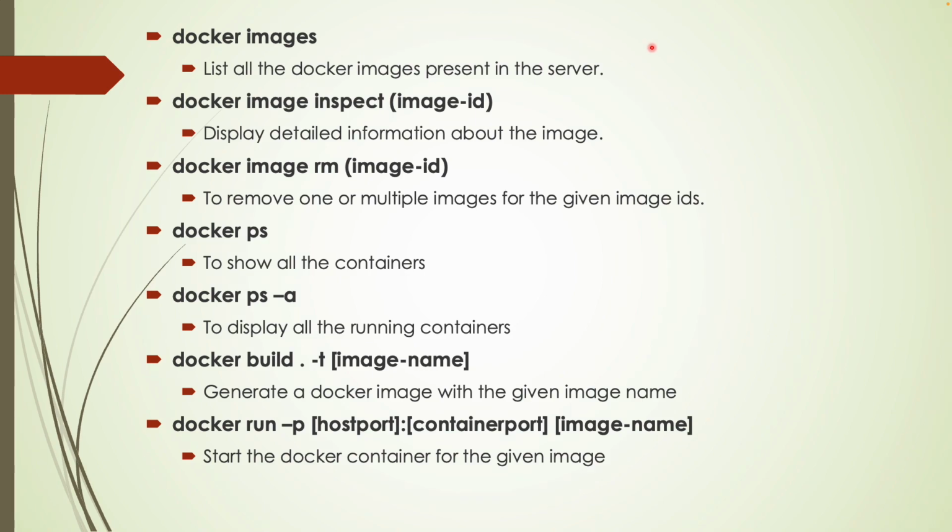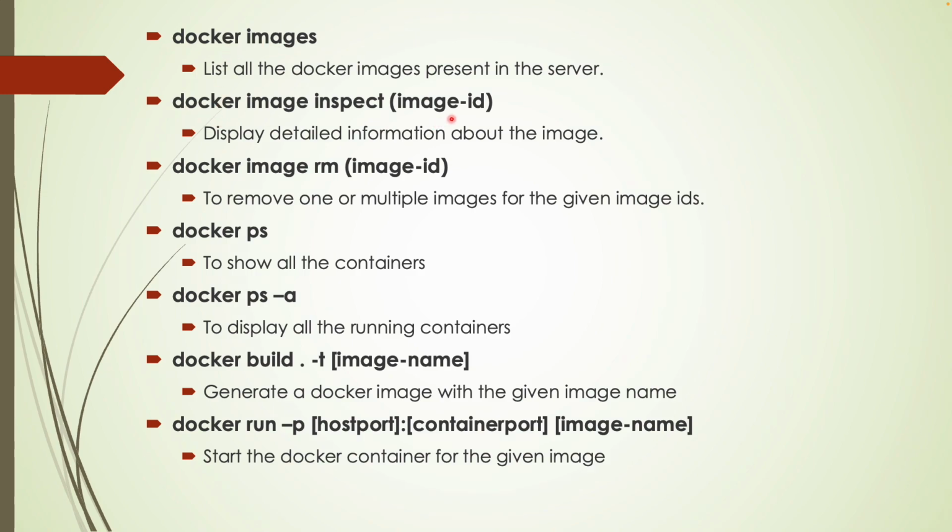So if you have Docker installed, you can proceed using the Docker commands in your machine. If you don't have Docker installed, get Docker installed, then try giving Docker version. If you get the client and the server version, then you can proceed with the Docker commands. So as I told earlier, Docker images lists all the images that are present in the server.